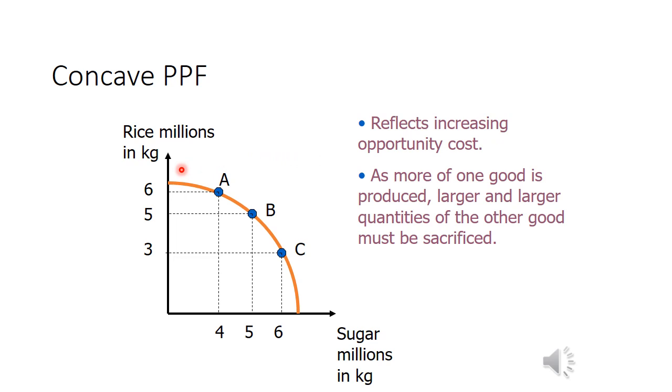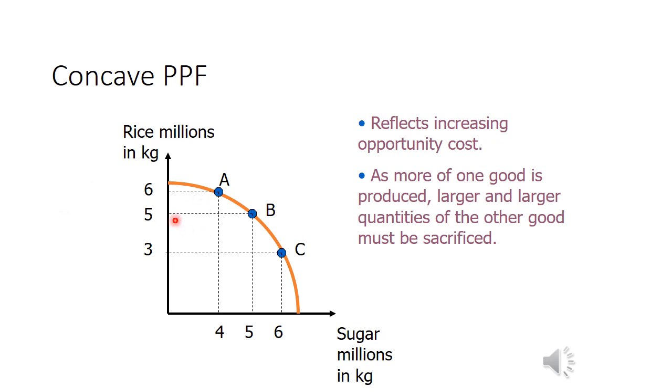Let's follow the points from point A to point B to point C. Assuming the economy starts production at point A, where it produces 6 million kg of rice and 4 million kg of sugar, and the economy wants more sugar. Initially, to get from point A to point B, where the economy has more sugar, you only give up 1 million kg of rice.